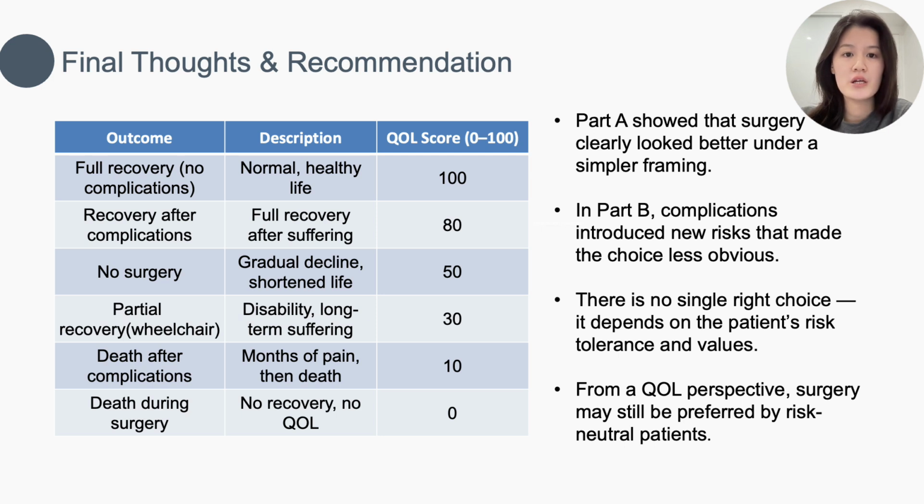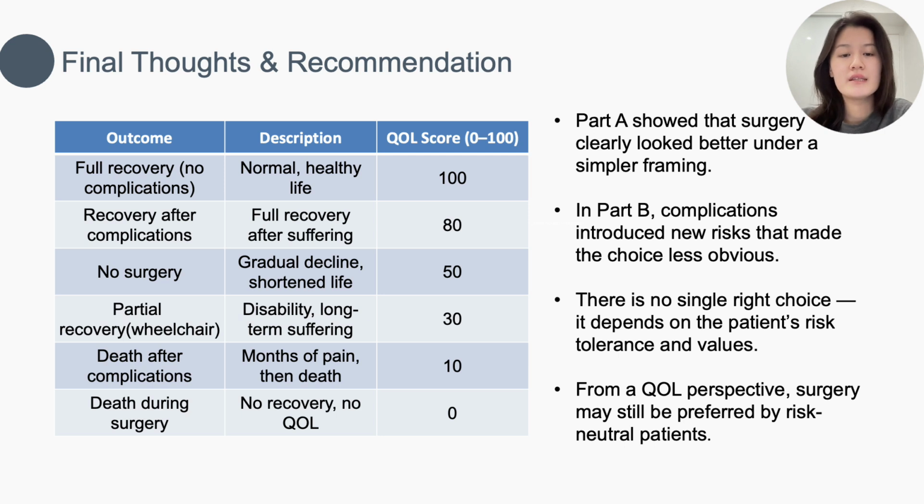The better option depends on the patient's values. If she is risk tolerant and prioritizes the chance of full recovery, surgery might still be worth it. If she is risk averse or fears long-term suffering, no surgery could be a more acceptable path.